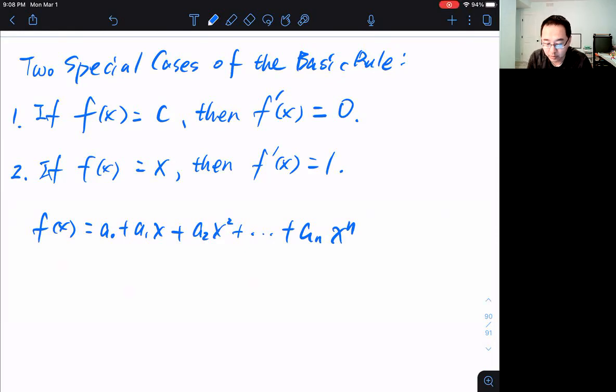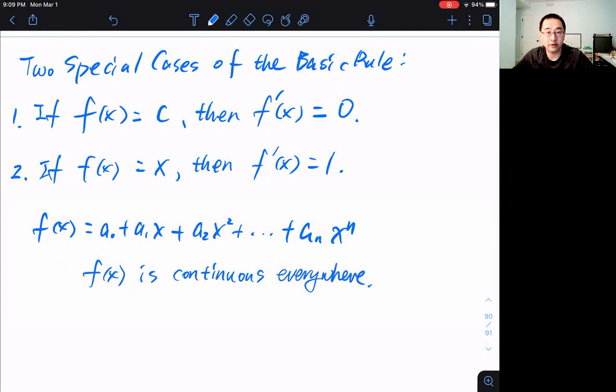And your exponents are all positive integers. So you go from 1 all the way to n, and 1 through n are all positive integers. If this is the case, then f of x is continuous everywhere. So you can take a derivative for the entire domain, okay?